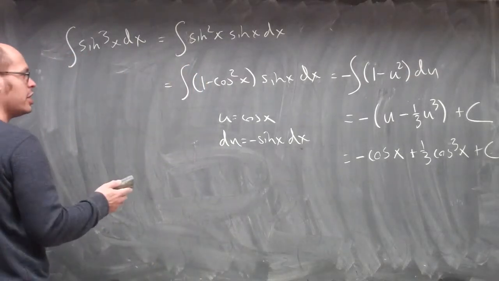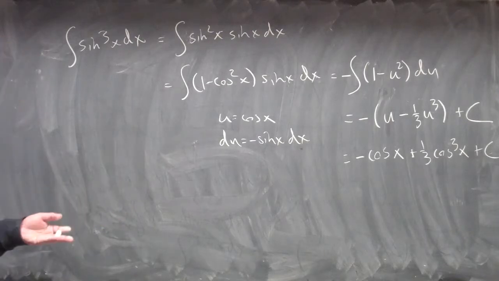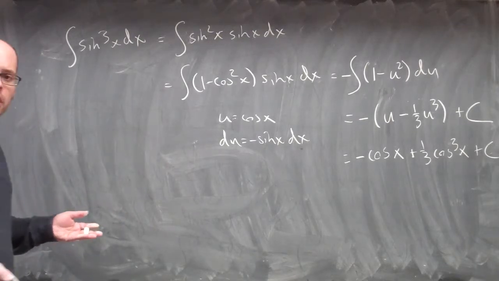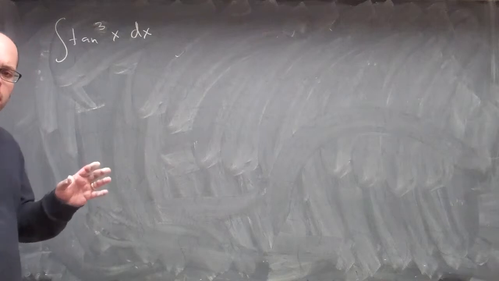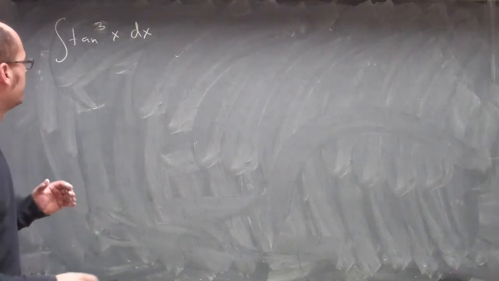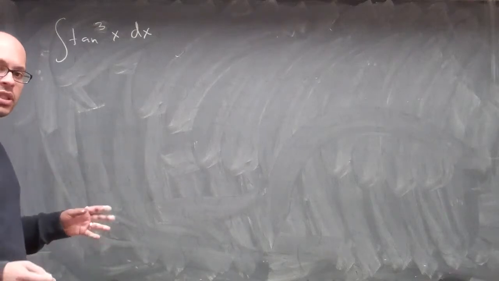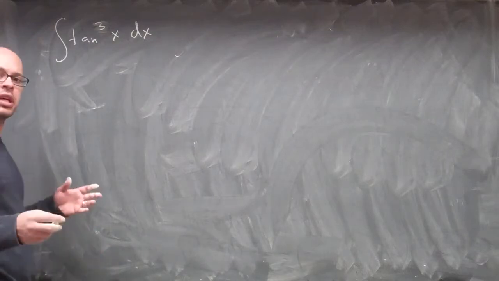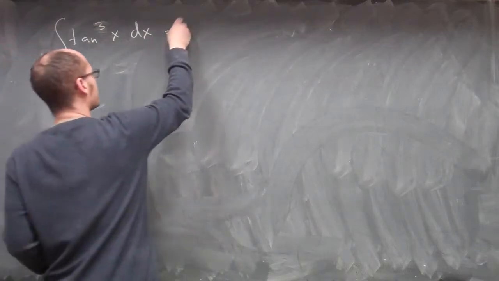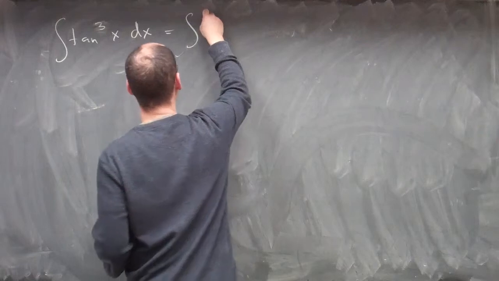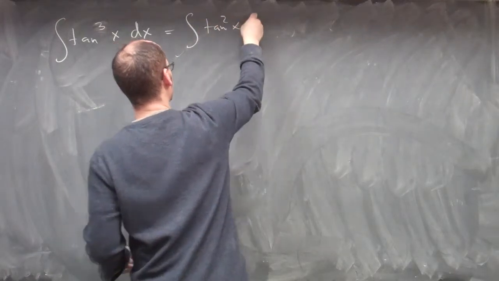cosines. So the same technique is also going to be useful for a few other kinds of trig functions as well. Let's look at this variation on that same idea. So instead of a sine cubed, I have a tan cubed. But I'm going to do the same strategy. So the point is that I can rewrite a couple of these tangents in terms of the secant.